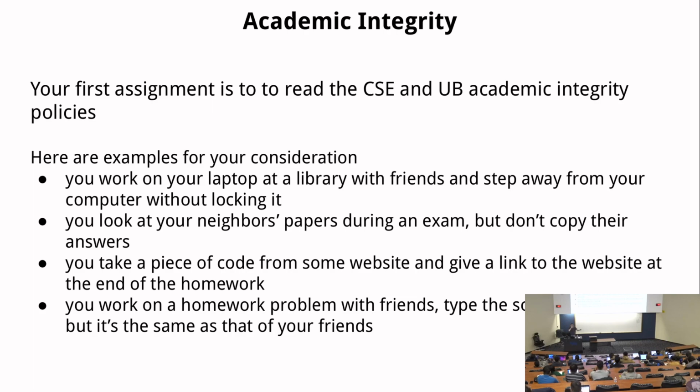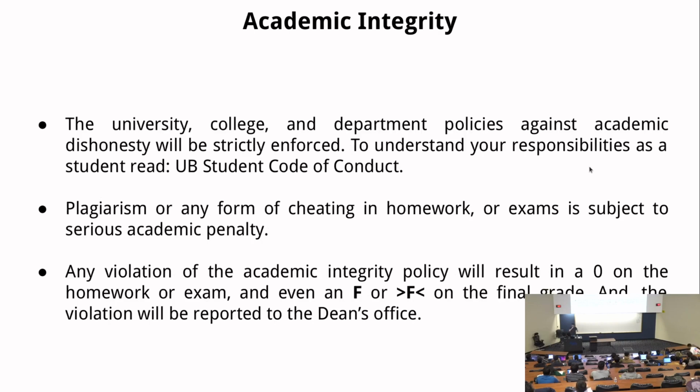You don't get any points for doing that, but if you don't do it, you cannot pass the class. I list several examples here for you to consider, but we're not going to go through each of them. For academic integrity, there are university level, college level, and department policies. You need to get familiar with all of them.